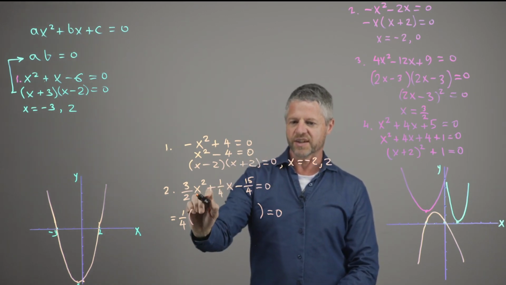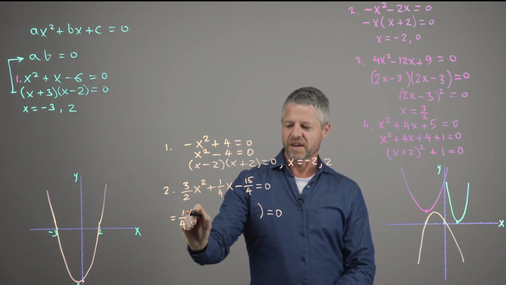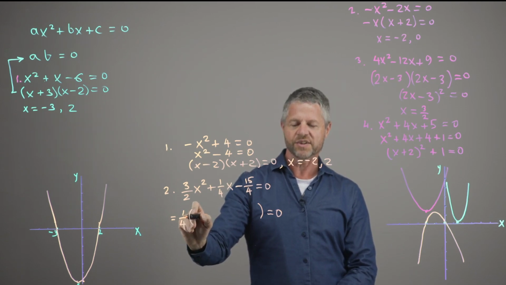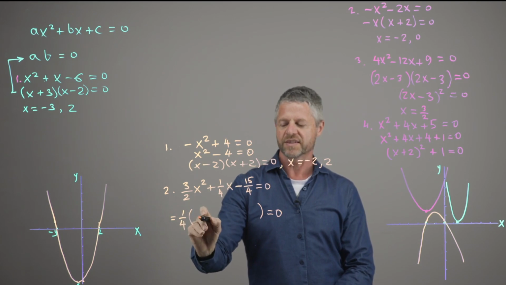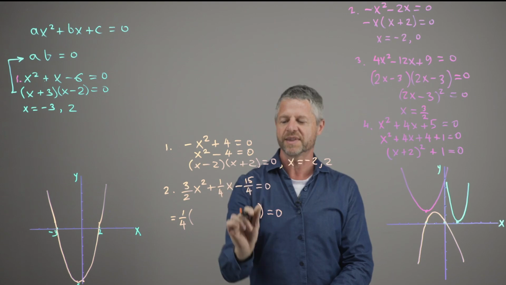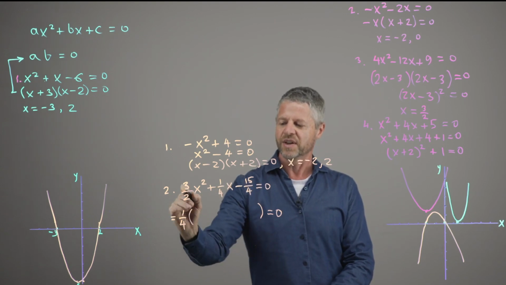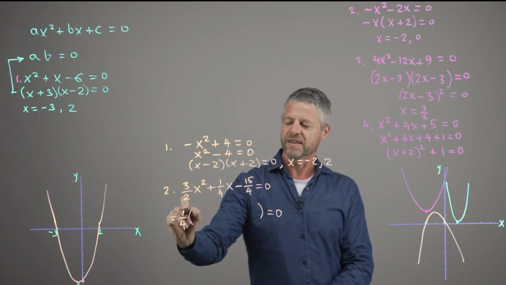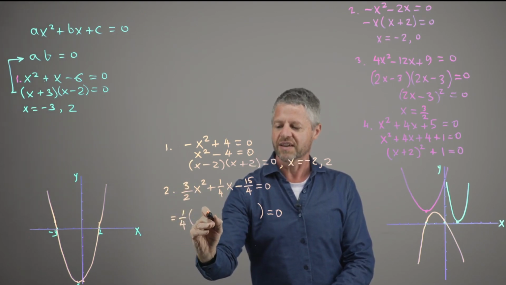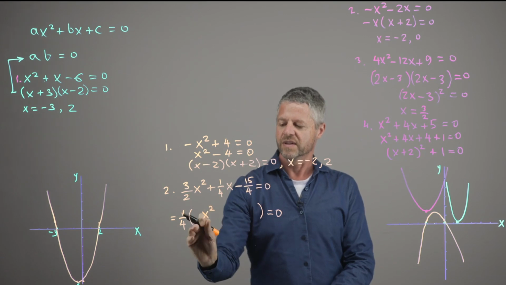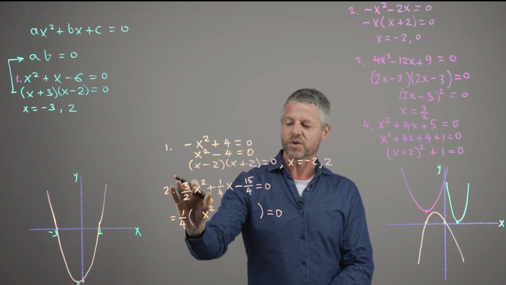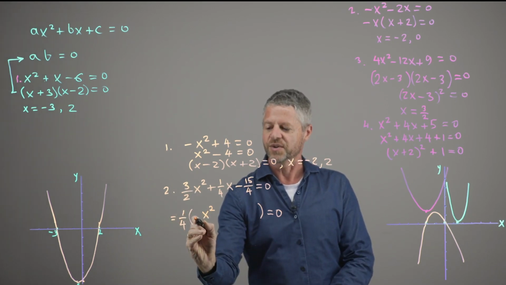Okay, what about this second one? So I suggested that we pull out a factor of 1/4 before we start, just to make it a little bit easier to work with rather than dealing with these fractions. So if I'm pulling out a quarter in front of the 3/2, then I need to have a fraction here, so that when I multiply it by a quarter, I get 3/2.